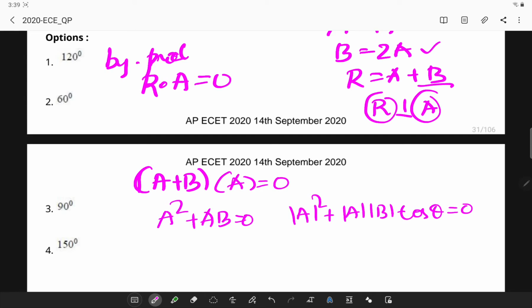Also, we are given B is 2A. So mod A whole square plus 2 into mod A into mod A into cos theta.